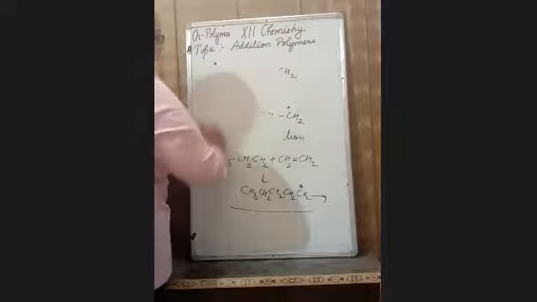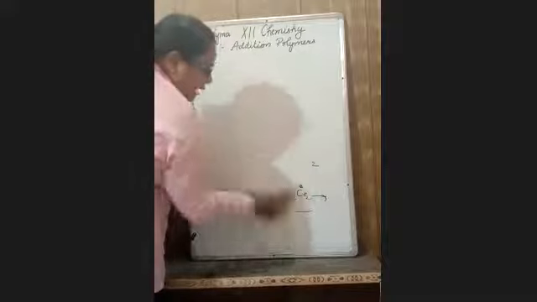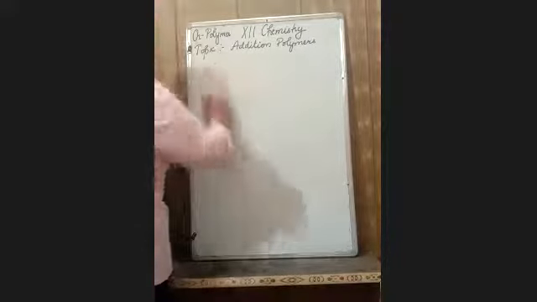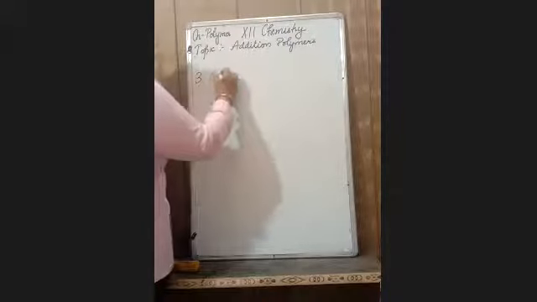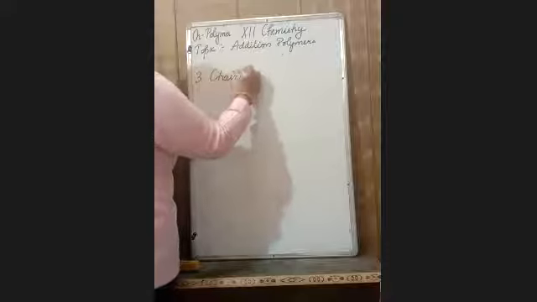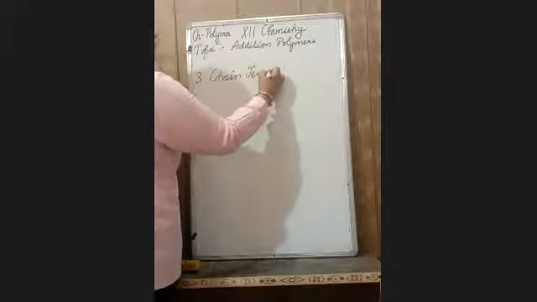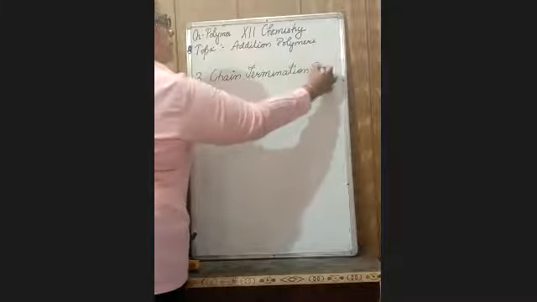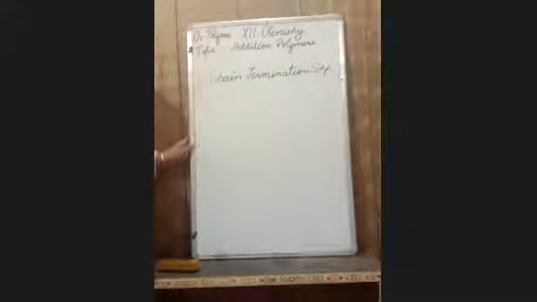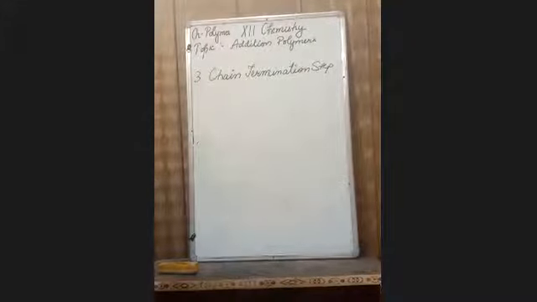Now, I want to terminate the chain. I want this reaction to stop, otherwise it will continue. The last step is the chain termination step. We want to stop the reaction.